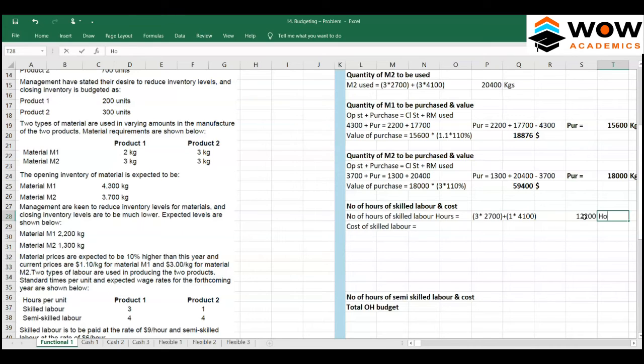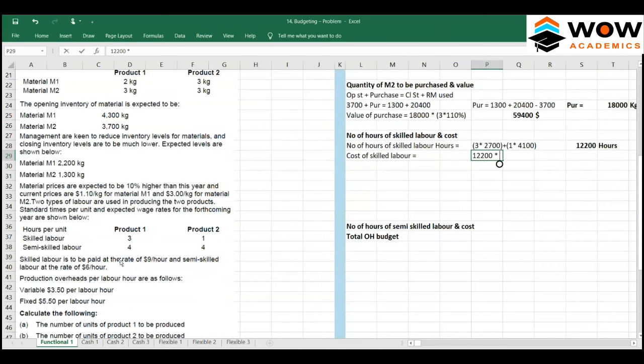So these are the total hours of skilled labor required. So 12,200 hours of labor, and this labor will be paid at a rate of 9. So what is its cost?